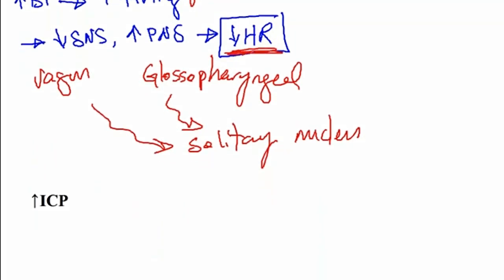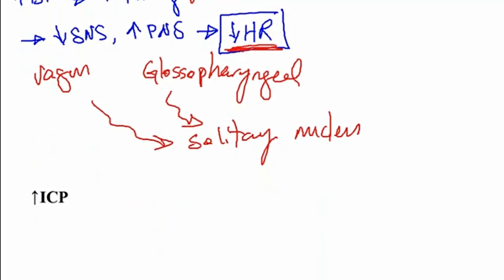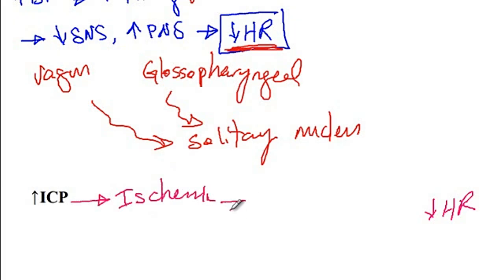Now one important concept that you should know is how elevated intracranial pressure will lead to bradycardia, or decreased heart rate. What happens with elevated intracranial pressure is that it will cause constriction of the arterioles, as a consequence of which there would be cerebral ischemia. And so there would be a reflex sympathetic nervous system activation to increase the blood pressure.